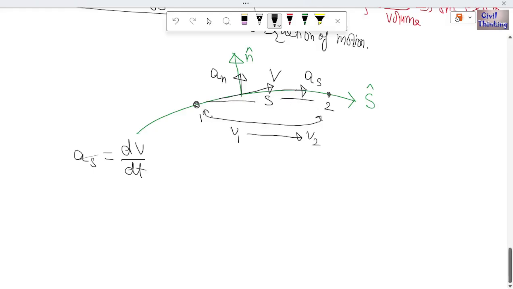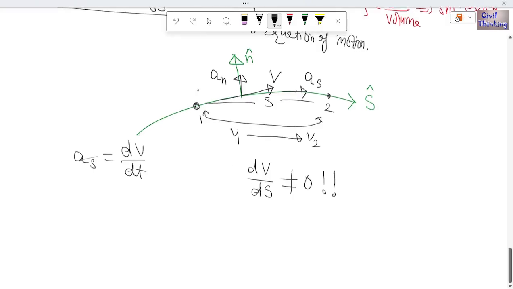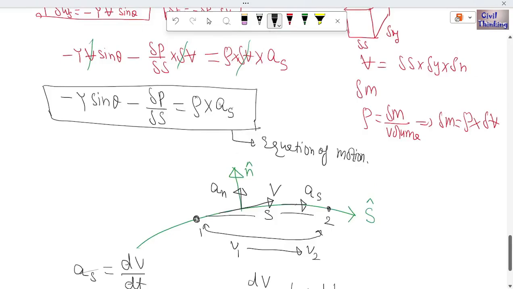So the change in velocity with respect to the position, dv by ds, is not 0. And this is the answer to the question of why we have a non-zero acceleration, although it should be 0 because we have a steady flow.